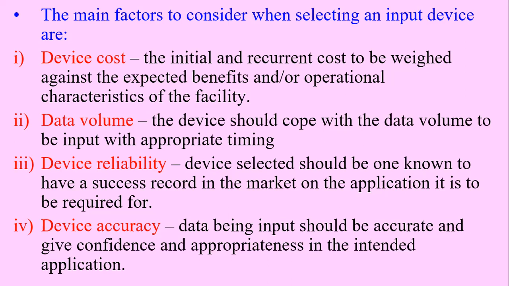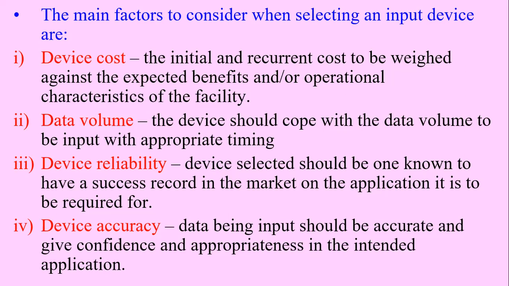This entails the use of a device that should cope with the data volume to be input and the appropriate timings. The third factor is device reliability. The device selected should be one known to have a success record in the market on the application it is to be required for.